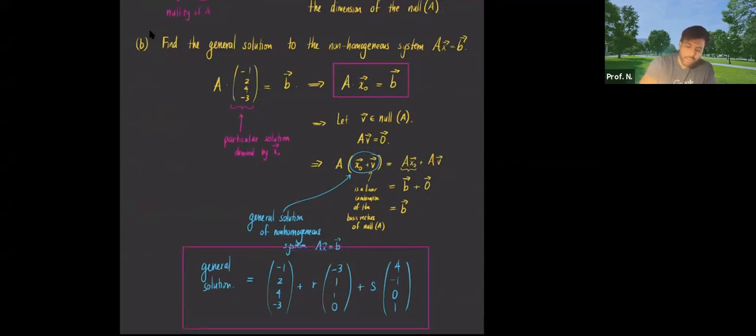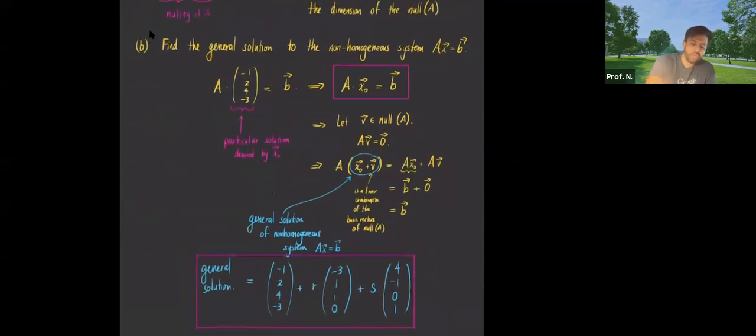I hope everybody sees what's going on. The general solution to the non-homogeneous system AX equals B is the particular solution plus a linear combination of the basis vectors in the null space. So if you include the null space plus the particular solution, you have the general solution.